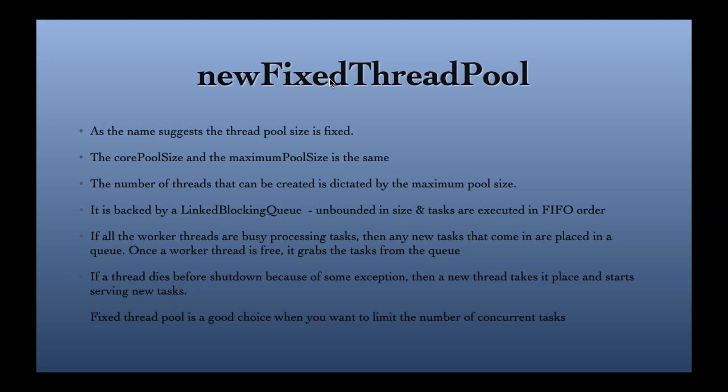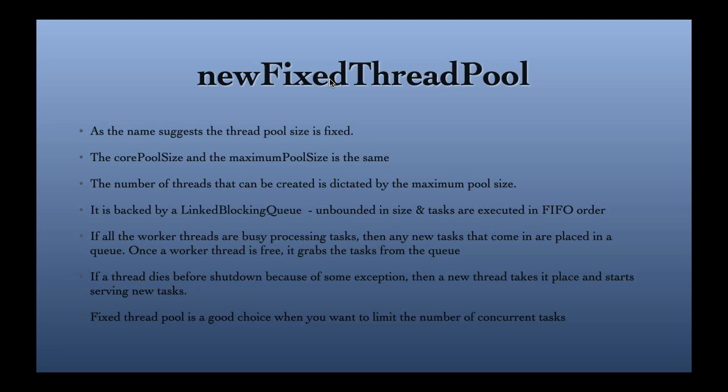Now when do we go to a fixed thread pool? A fixed thread pool is usually a good choice when you want to limit the number of concurrent tasks. For example, you know that your CPU has, let's say, a maximum of 10 cores, and you know that it cannot serve beyond, let's say, 20 threads.